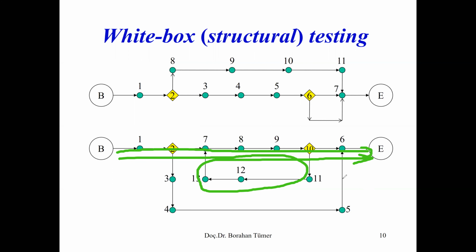Okay, the concept of independent path is not like the concept of linear independence. Please make sure that you consider these two unique independent paths. Do you understand that? So these two are two independent paths, not like the concept of linear independence.